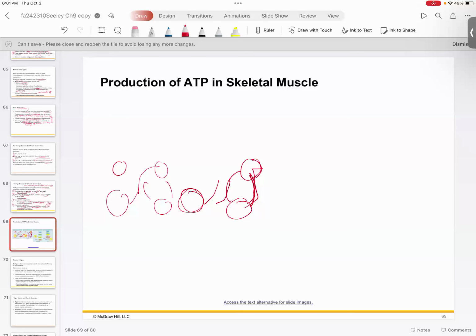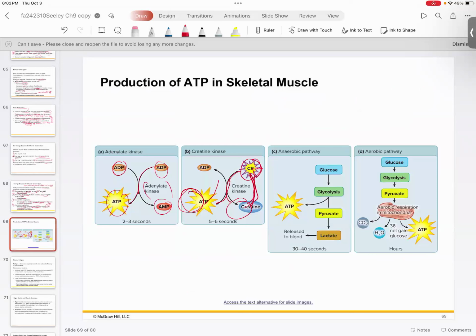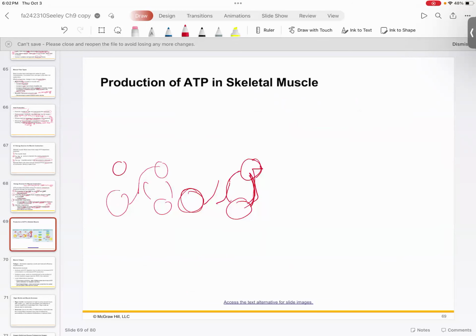Okay, it looks like PowerPoint is getting ready to crash on me here. Then the anaerobic pathway, so you take a glucose molecule, you go through glycolysis.